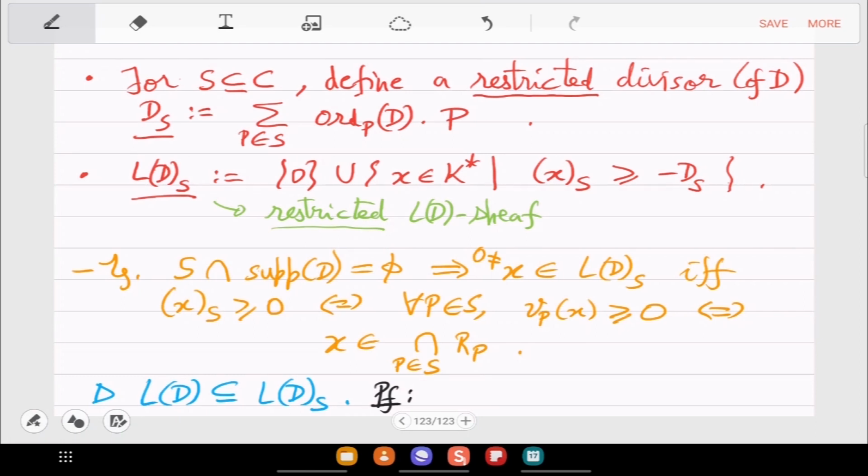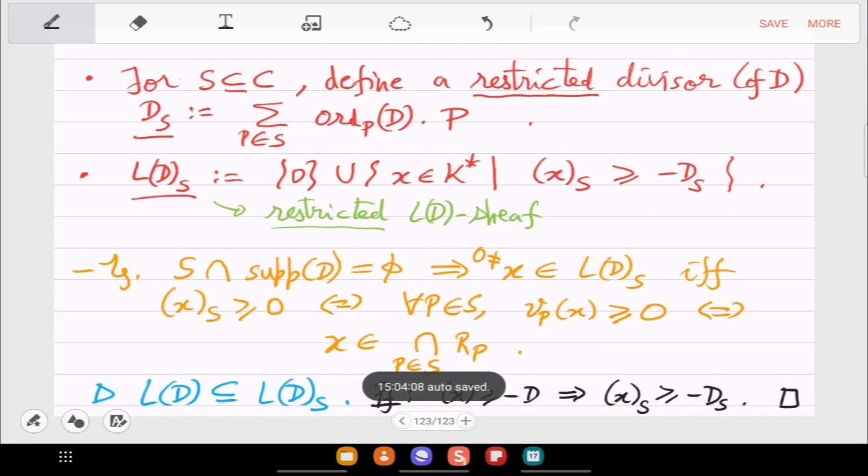Yeah, so if x is greater than or equal to minus D, then it means that x restricted on S is also greater than or equal to minus D_S. Okay, so whatever x you have in LD, that is trivially in LDS.